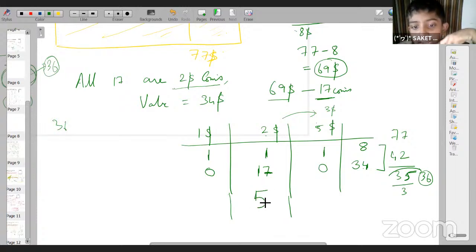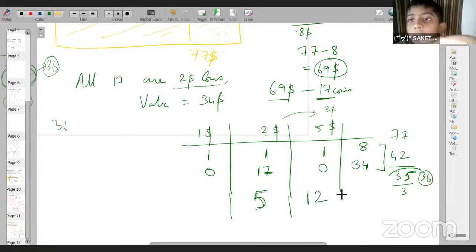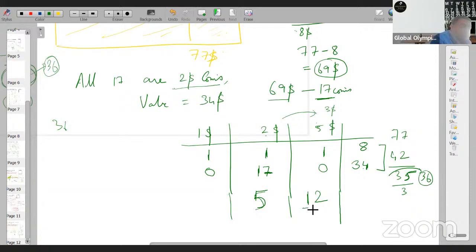When we reduced it by 12 coins, we got 5 here, right? And the $5 coins we got here, 12. So we removed 12 coins out of this, and we made them $5 coins.